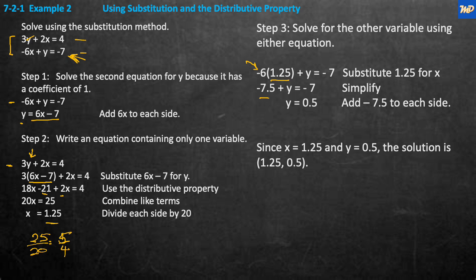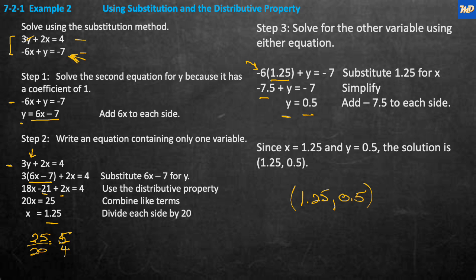In other words, we're going to add a positive 7.5 to each side of the equation, and you're going to get y is equal to 7.5 minus 7, which is 0.5. So y is 0.5. Since x is equal to 1.25 and y is equal to 0.5, we have the solution to our equations.